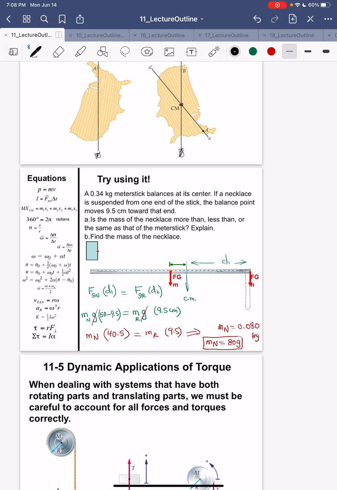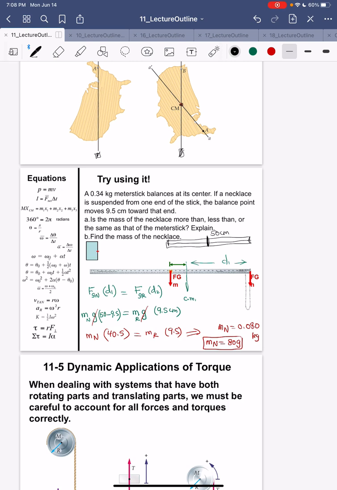Of course, it's not going to be the same. If we find first initially the center of mass of the ruler by itself, it is going to be at 50 centimeters, and then it shifted 9.5 centimeters.